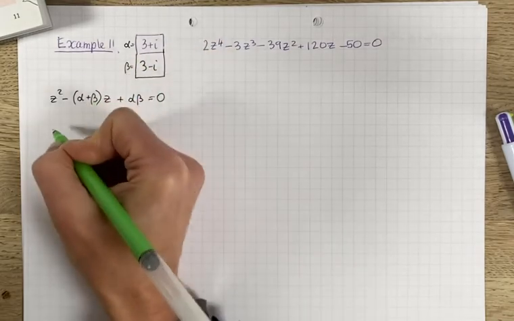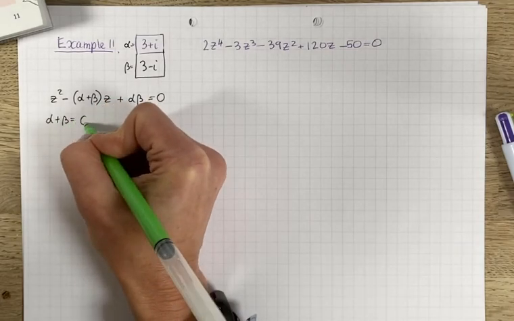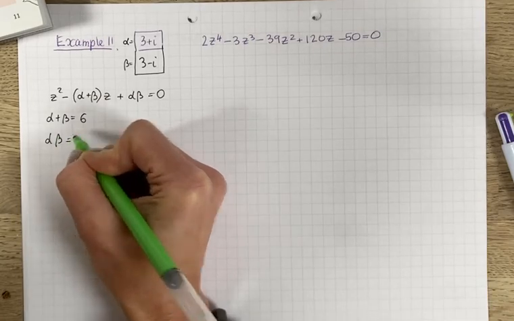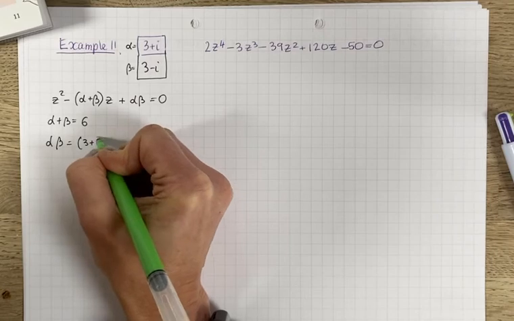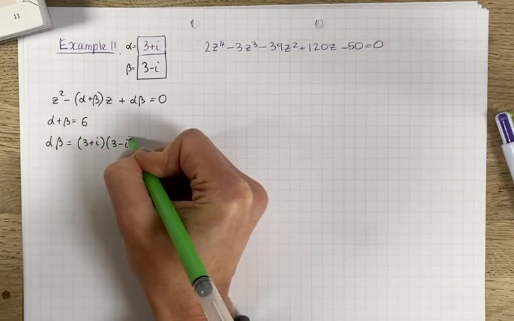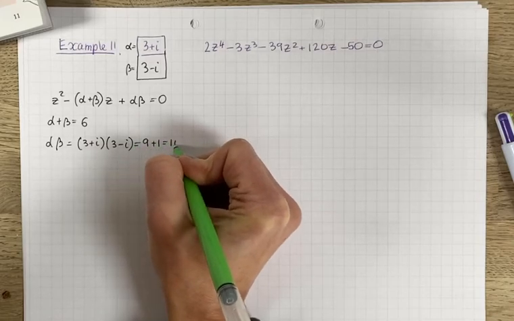So if you add the two together, you're going to get 6. If you multiply the two together, you're going to get the difference of 2 squares. But because you're squaring i, you end up adding those. So it's 9 add 1, which is 10.